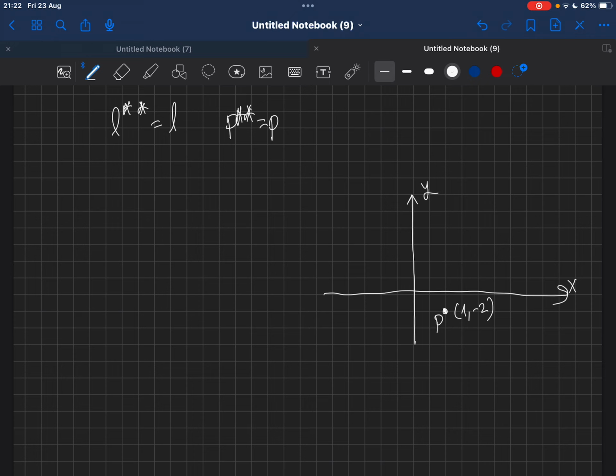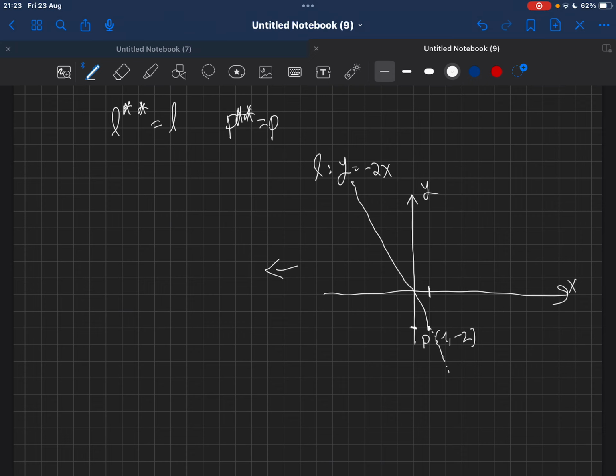Good. Now I have a line that goes through it and continues, and this line is defined as y equals minus 2x. Yes? So I have a line and a point.